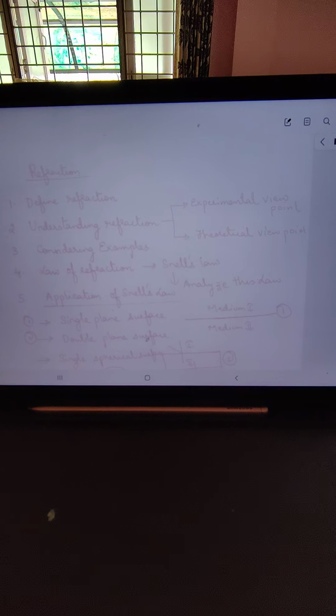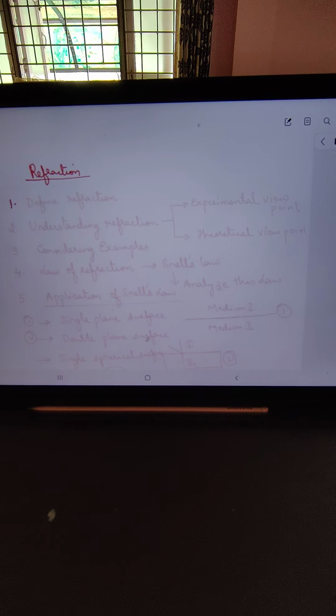Let us first have an overview of this topic as to what it consists of. So, in refraction, we have the following topics. First, we need to define refraction.